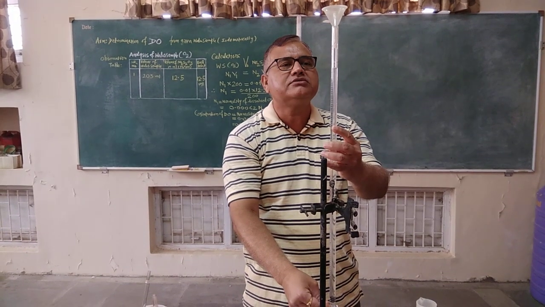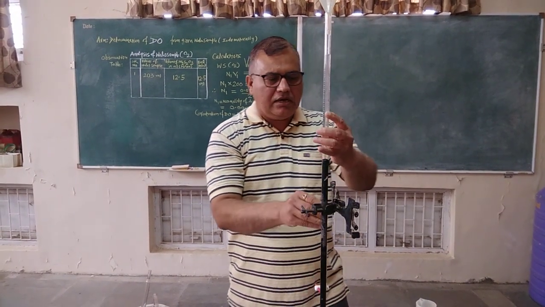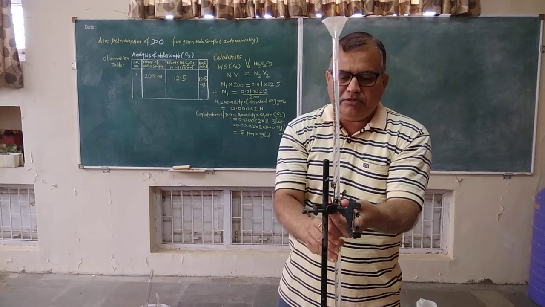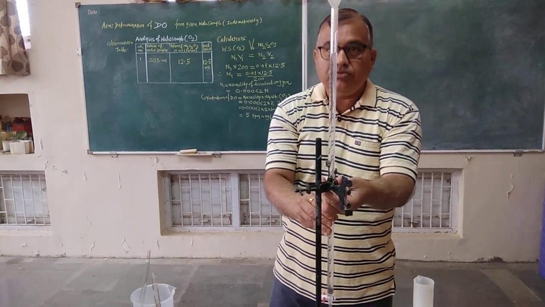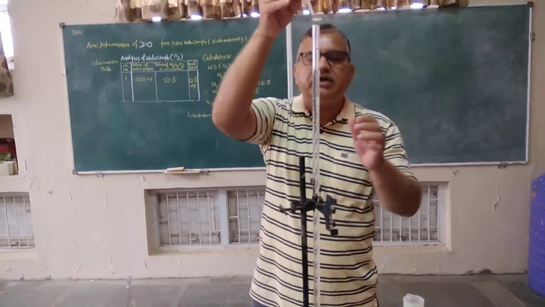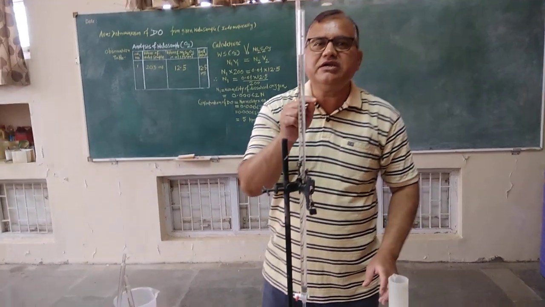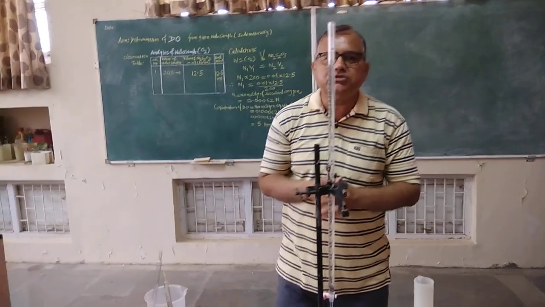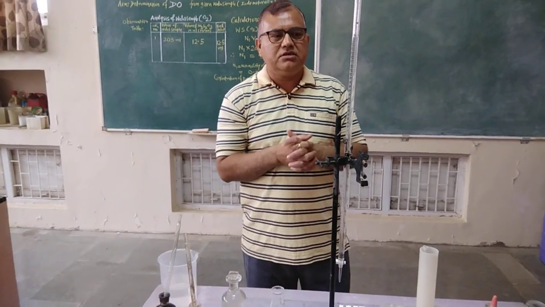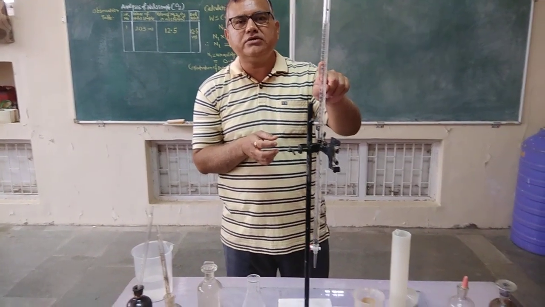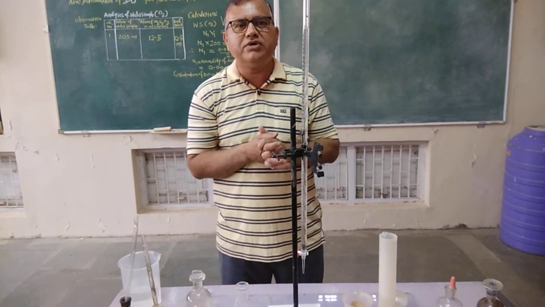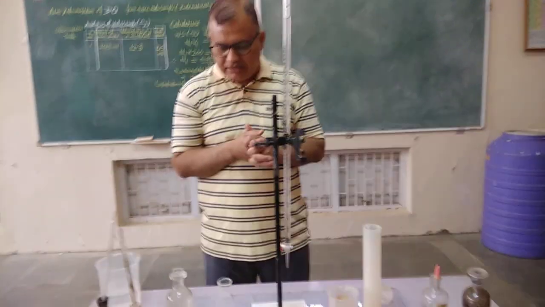You take the lower meniscus like this. Why is it called a standard solution? Because its normality is given, N by 100, that is 0.01. The normality of this Na2S2O3 solution is 0.01 normal.